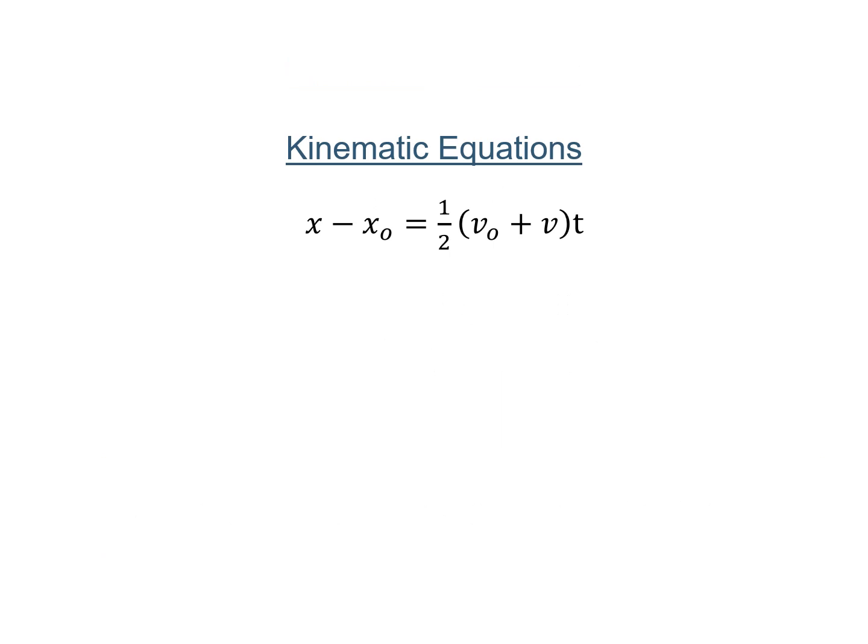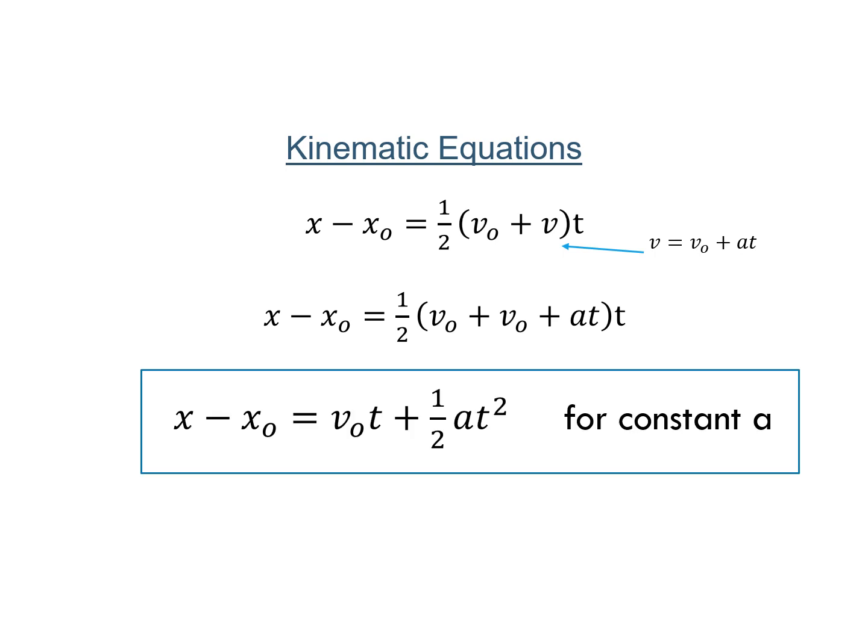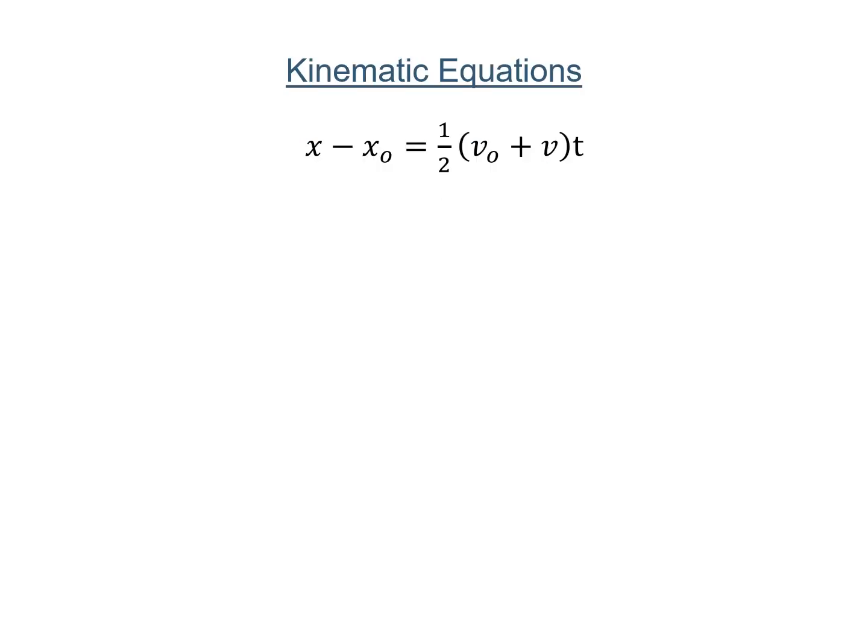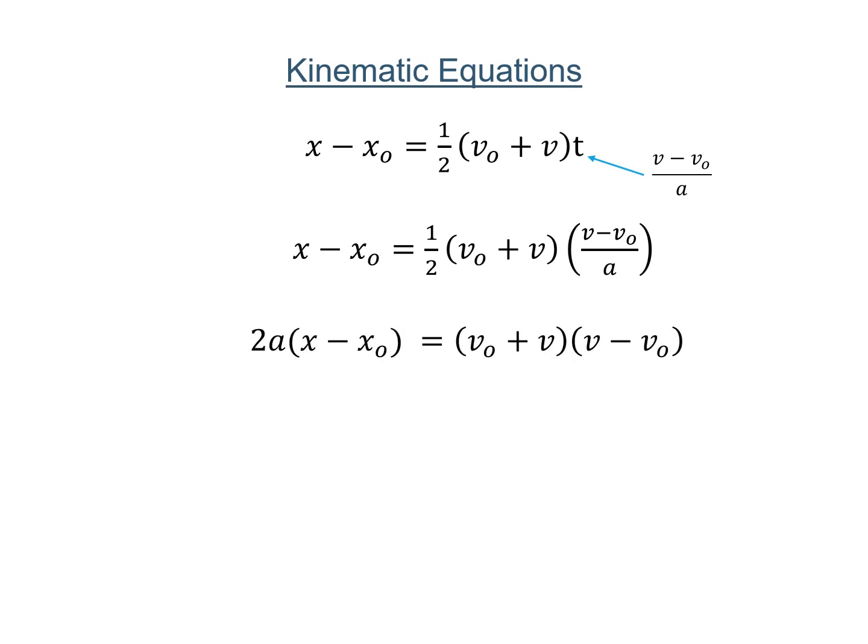Now take our second equation, plug in the first equation instead of v, simplify, and here is our third equation derived. And finally, start with our second equation, rearrange v equals v naught plus at to solve for time, plug in for time, a little algebra, and rearrange.